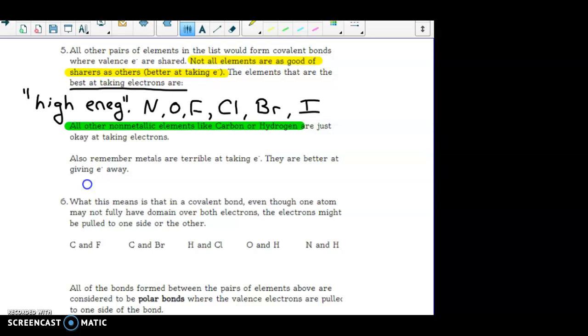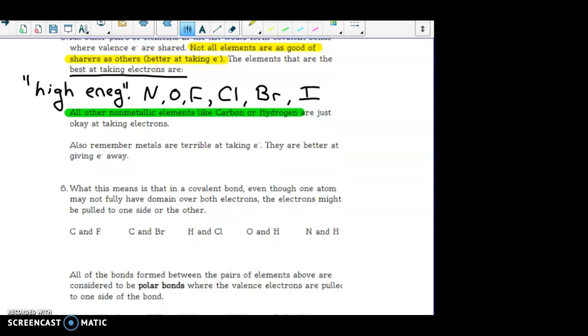So what this means is that in a covalent bond, even though one atom may not have full dominion over both electrons in that bond, they may not be pulled directly in the middle. They might get pulled to one side or the other.